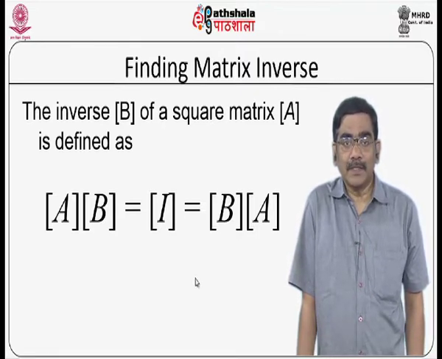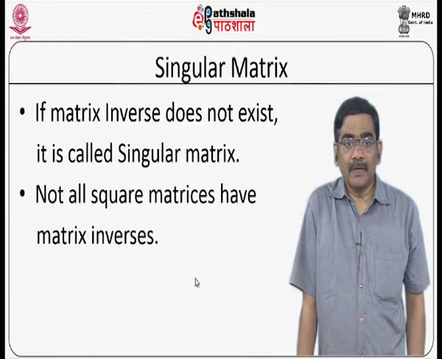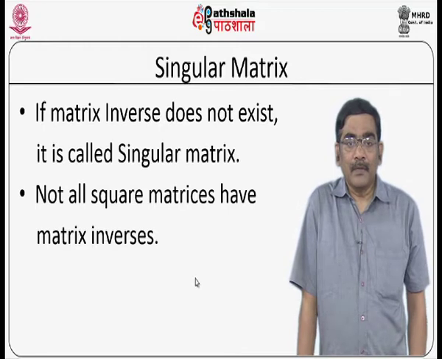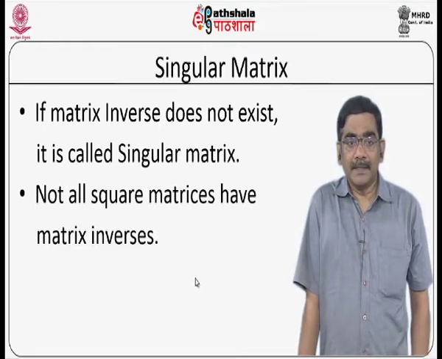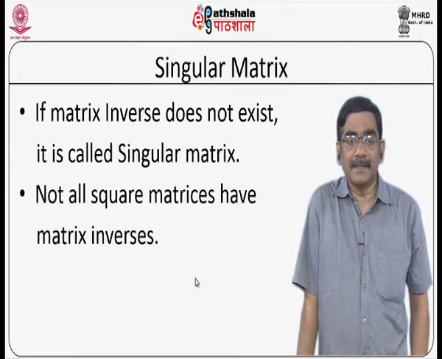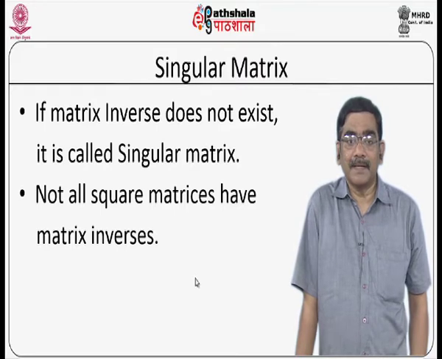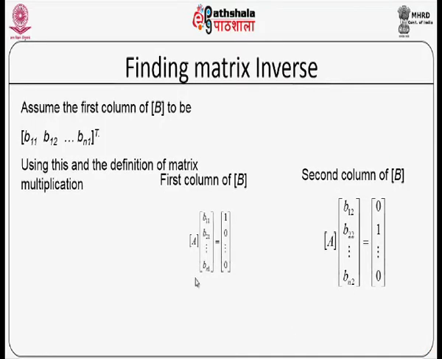So, this is the definition of the inverse matrix. Inverses exist only for non-singular matrices. If the inverse does not exist, it is called a singular matrix, and matrix inverses are possible for non-singular matrices, and not all square matrices have matrix inverses.